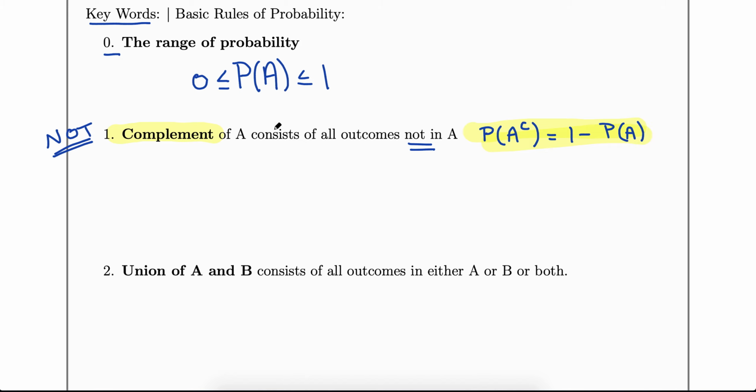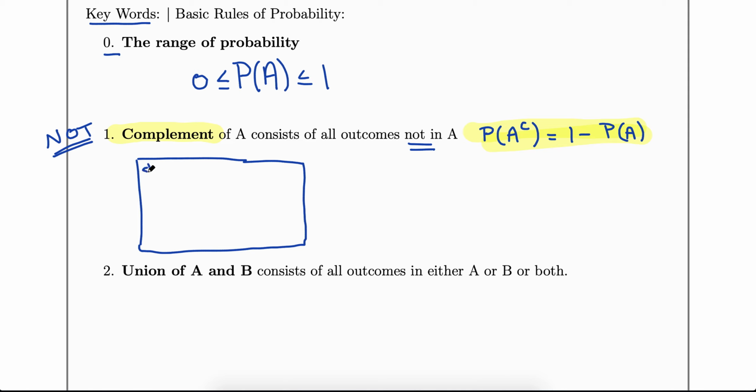Okay, so let's do an example of this using the data set that we developed in the last video. So we've got our event A before, which was tails, tails. I'm going to draw a Venn diagram representing my entire sample space here.